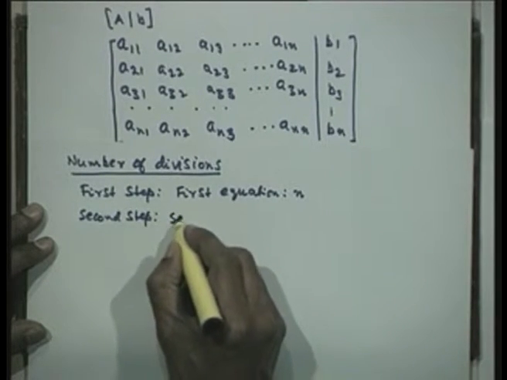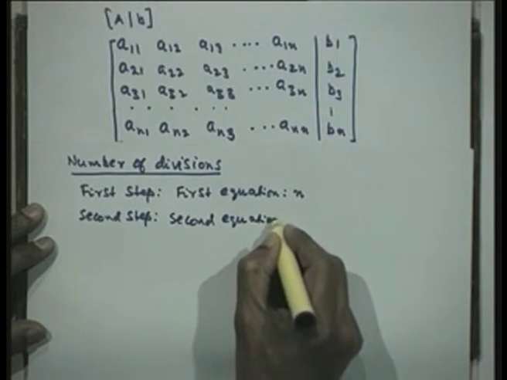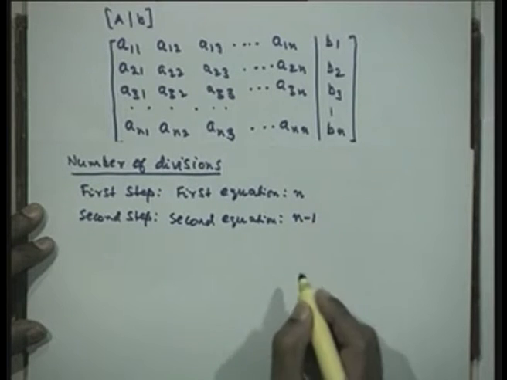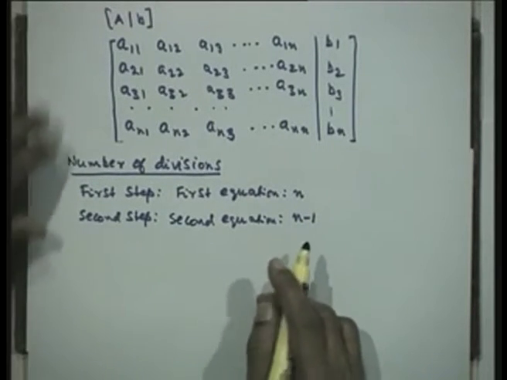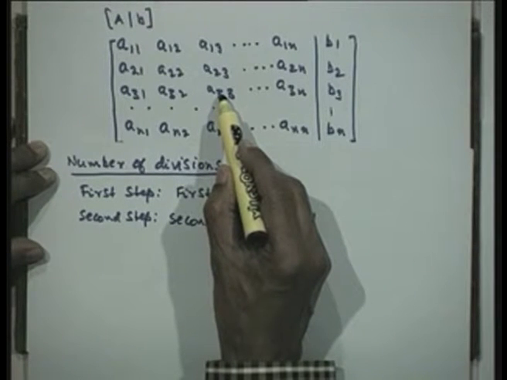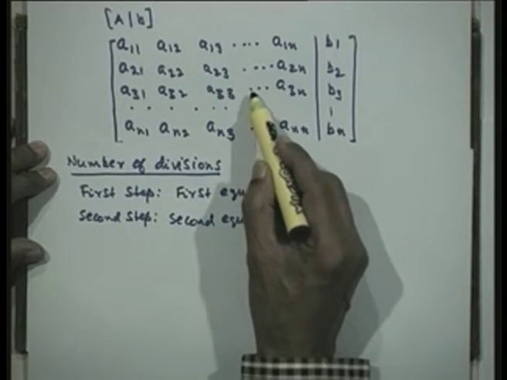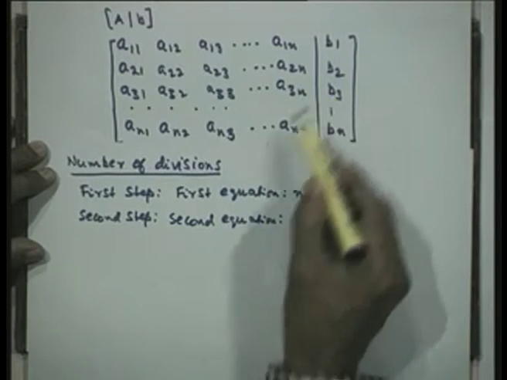So, this will be our second equation. There are n minus 1 divisions in the second step. Now, when we go to the third step, I am now with the pivot at this location. Therefore, I am now using this pivot to eliminate all of them. So, I am now dividing these n minus 3 plus 1, that is n minus 2 elements, and so on.